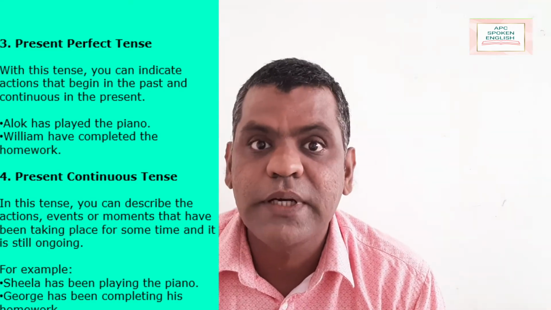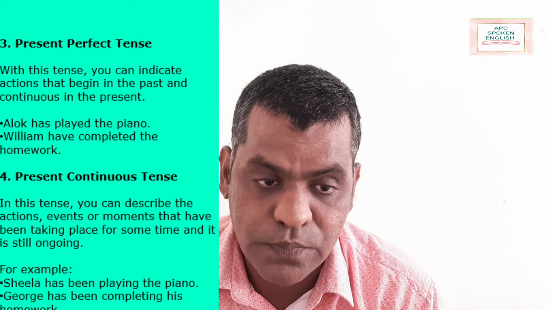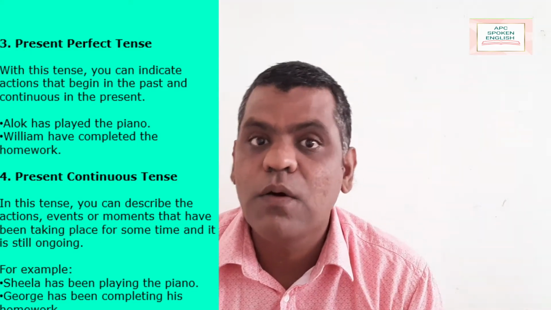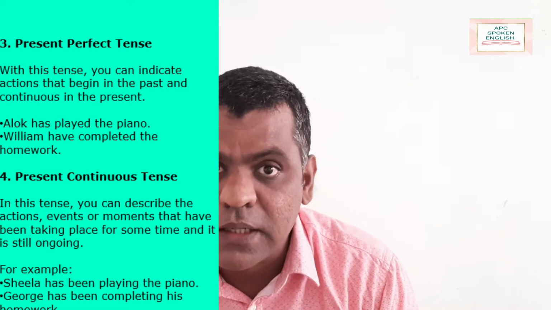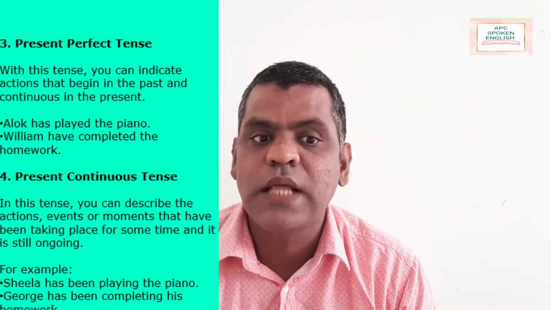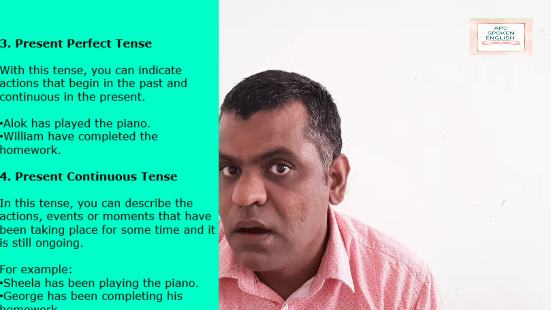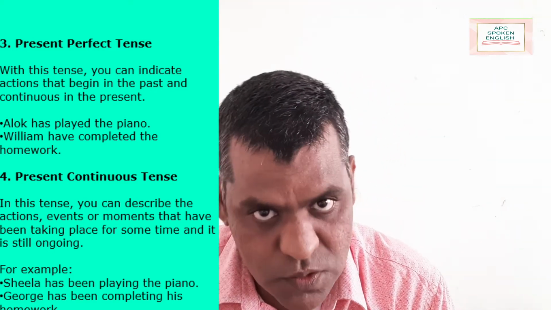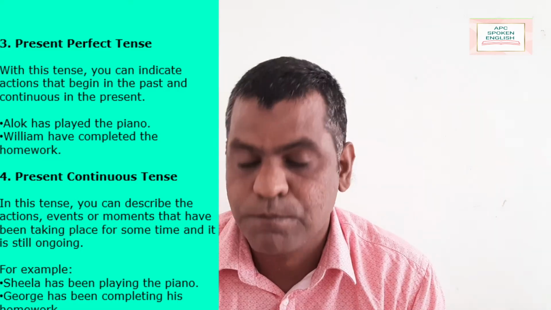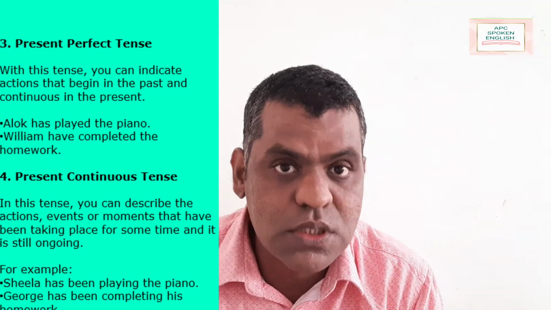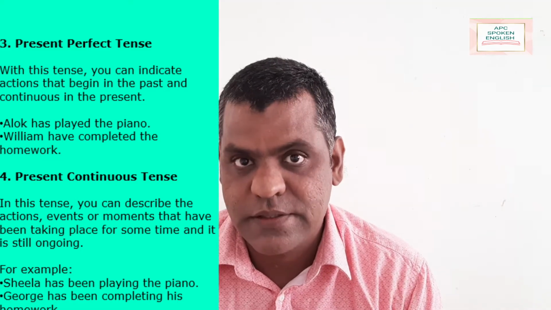He has just completed the activity just now. Then, William has completed the homework. Just completed. Here the action is completely done. That's why it is perfect tense. So to indicate such types of actions, you can use the present perfect tense.